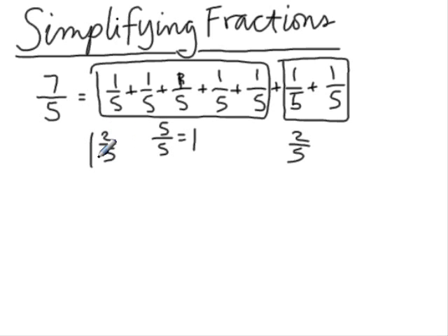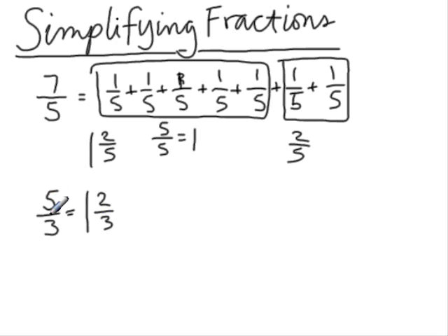Now there's an easier way to do this rather than to draw all these out. For example, let's say I have 5/3. The easy way to do this is simply to divide the 3 into the 5. 3 goes into 5 one time, and we have 2 left over. We have 2/3 left over.